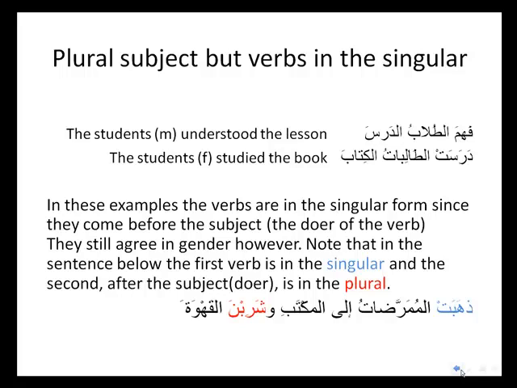It comes before the nurses. However, the second verb, to drink, comes after the nurses, so we know who's doing it, and because of that, it has to be conjugated in the plural form. شربنا. ذهبت, before the doer, شربنا, after.